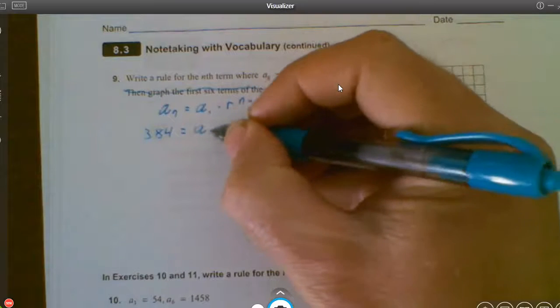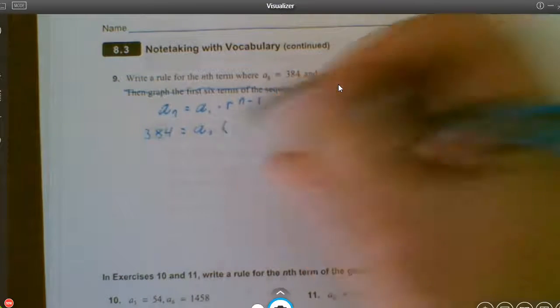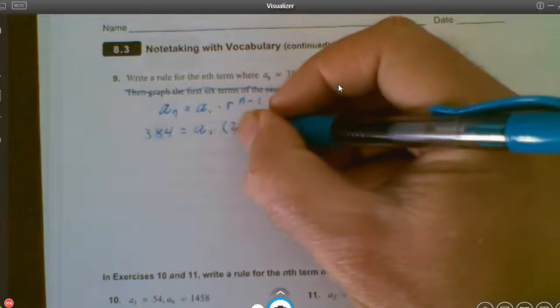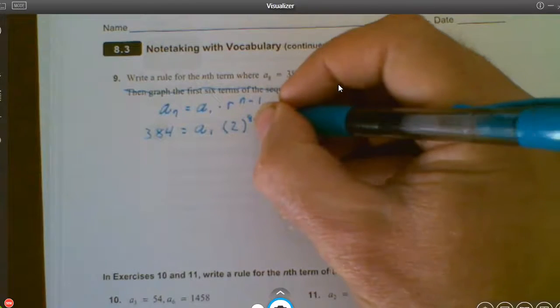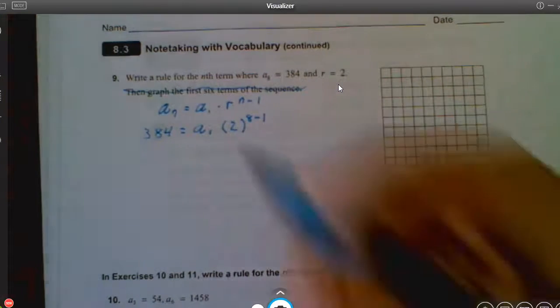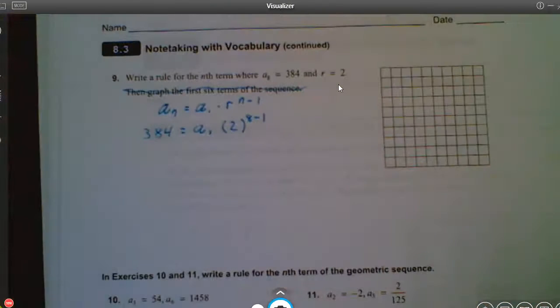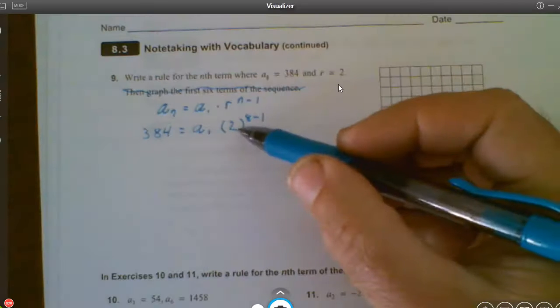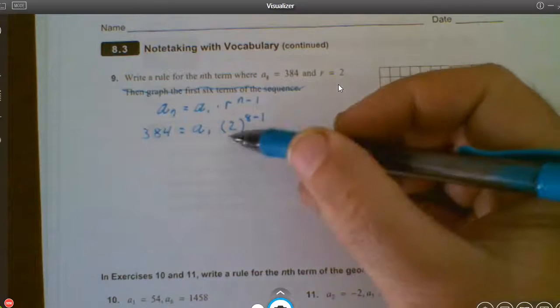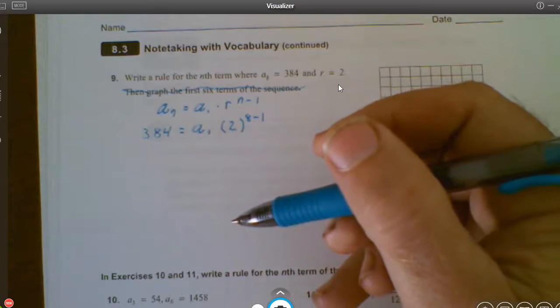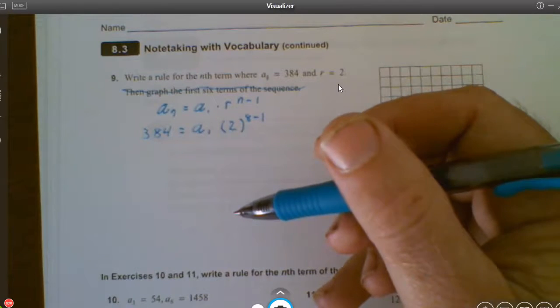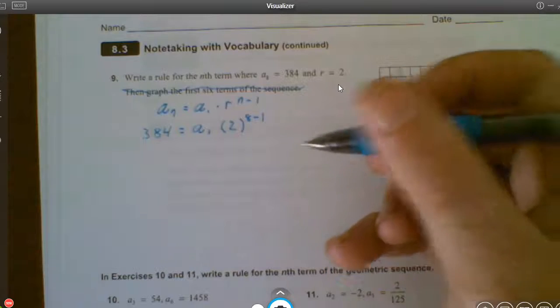So we don't know our first term. Common ratio is 2, and this is the 8th term. So all we have to do is solve for a of 1, our first term. Remember, this is just 2 to the 7th power. I'm going to divide that over to the other side, and it tells me my first term is 3.